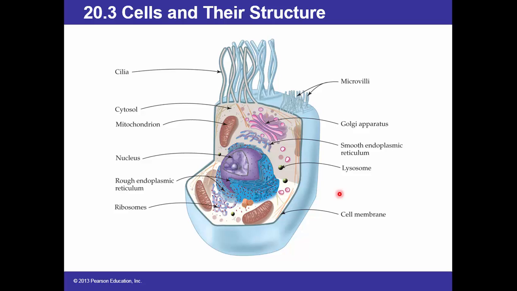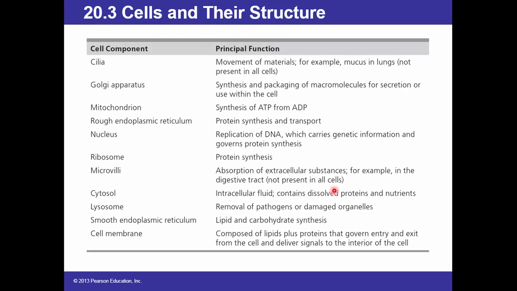And maybe fatty acid chain lengthening occurs in the Golgi apparatus and some mitochondria. And again, these are the cell components, and as I told you, what is the principal function of each of these components?